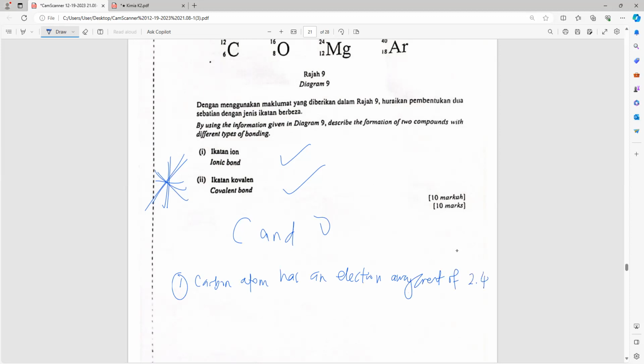Teacher will give you 1 minute to try out the question. Teacher wants you to try the covalent bond. The ionic bond you can try also, but try the covalent bond for teacher.